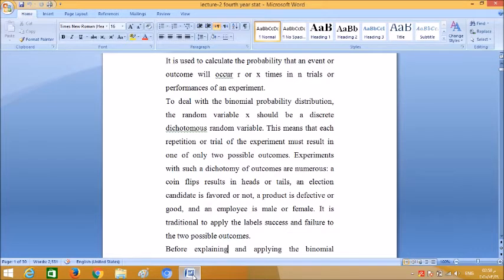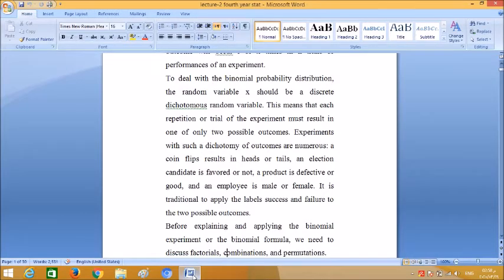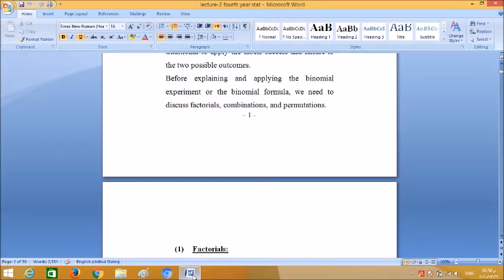Before explaining and applying the binomial experiment or the binomial formula, we need to discuss factorial, combination, and permutation. Okay? Why do we need to discuss those three subjects?